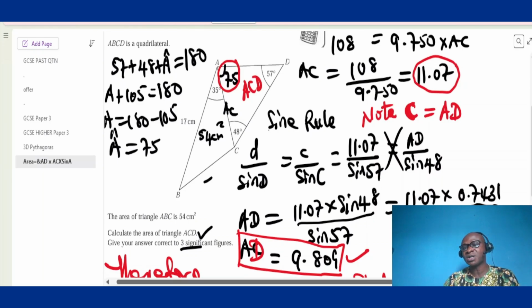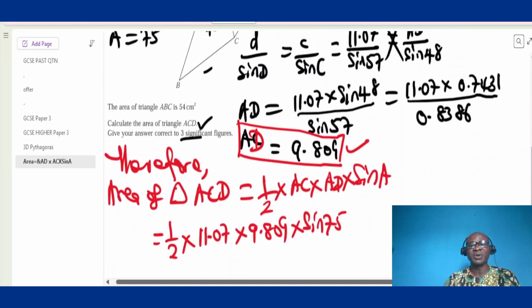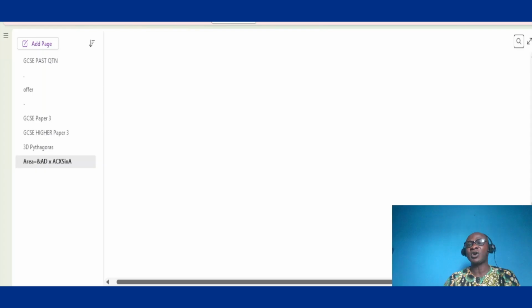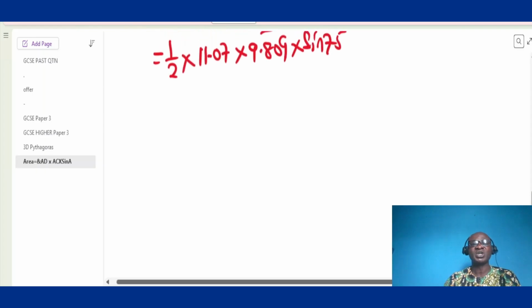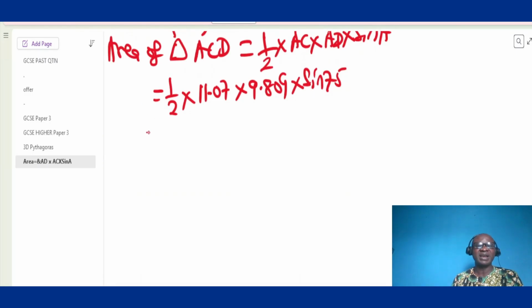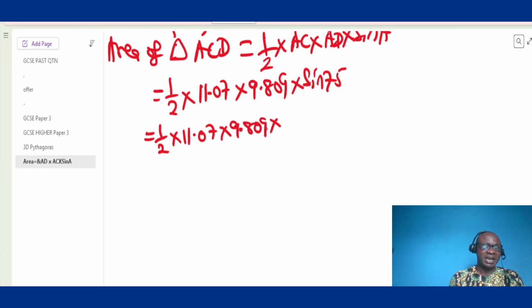Moving forward, what we need now is to compute, because all values here are complete. Nothing is missing. Whatever we get now is the value we are looking for. But before that, let's find the value of sine 75. So half multiplied by 11.07 multiplied by 9.809 multiplied by sine 75.